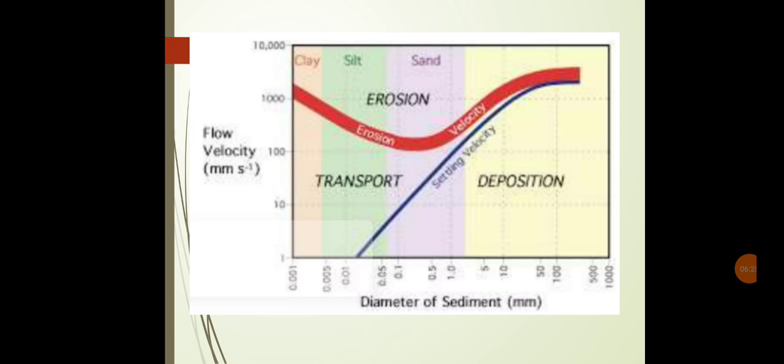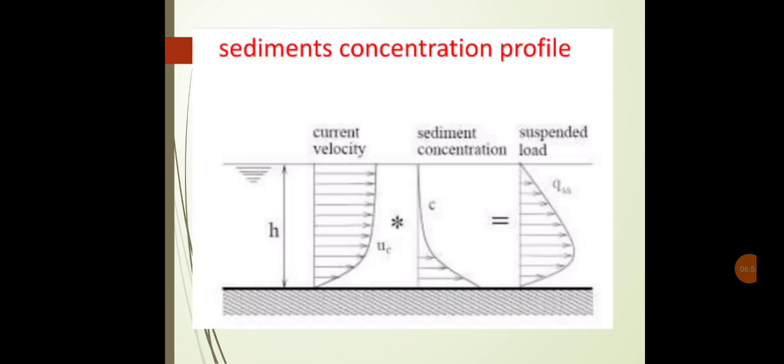The red line indicates the erosion velocity, while the settling velocity is denoted by the blue line. The orange, green and light blue colors show some of the soil particles available, so that we can track when erosion, deposition and transportation are happening. Likewise we can analyze easily through this graph. This is called the sediment graph.